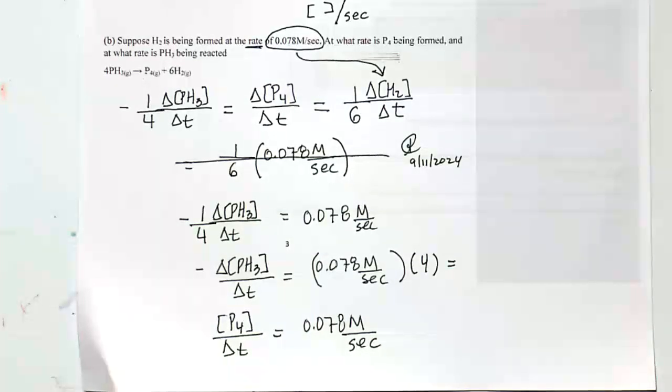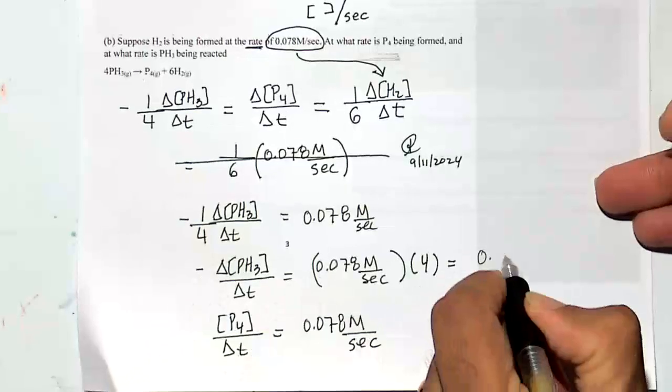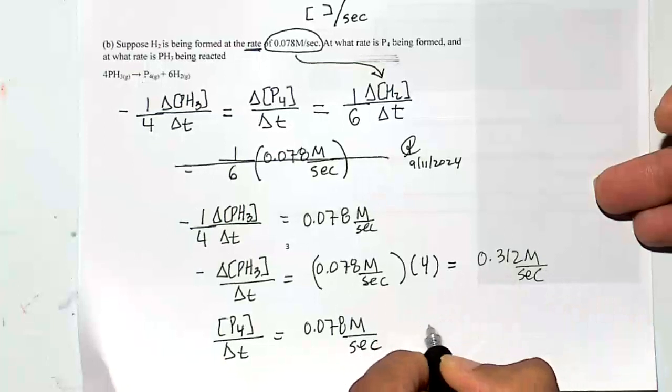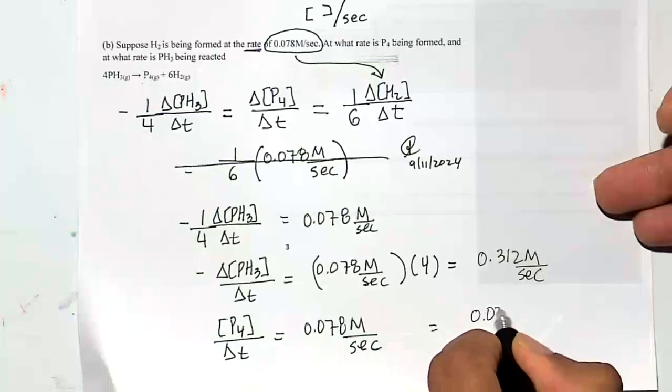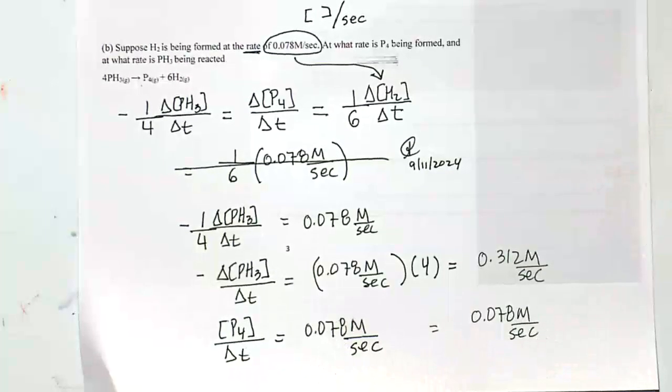So this is 0.078 times 4. This is decaying at a rate of 0.12 molarity over seconds. This is increasing at 0.078 molarity over seconds.